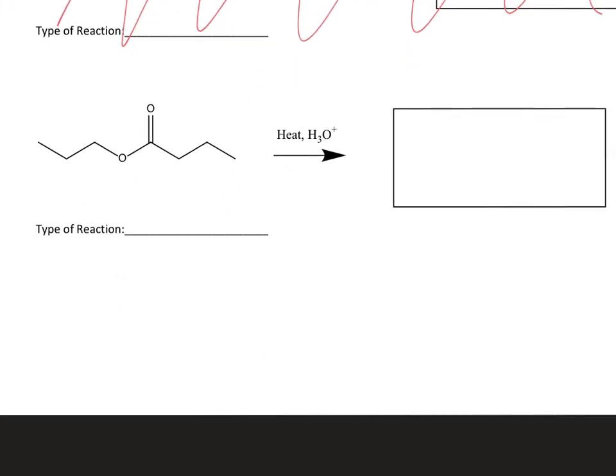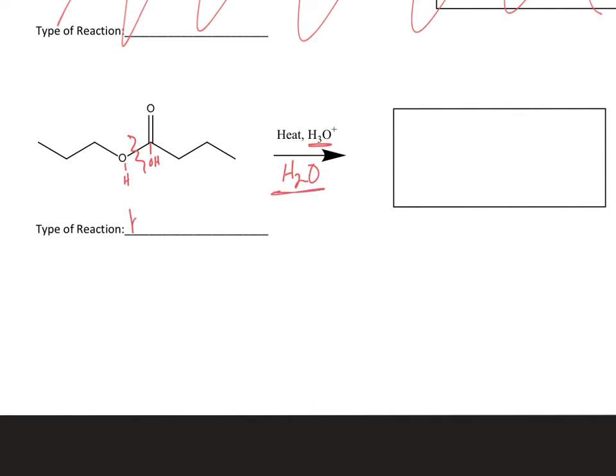We're going to do the opposite of what we just did. Now, there's no water listed here by itself, but if you have H3O+, you have water. So all we're going to do is separate this bond right here and make sure that we add an OH to one side and an H to the other. And that's where the water is used.